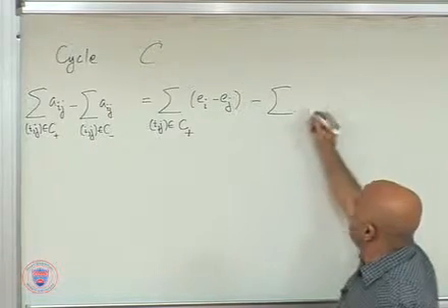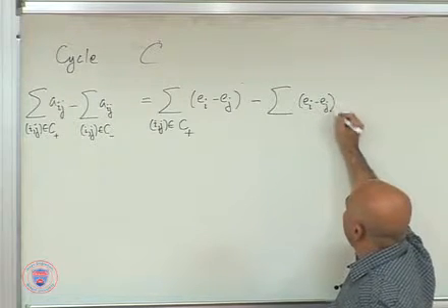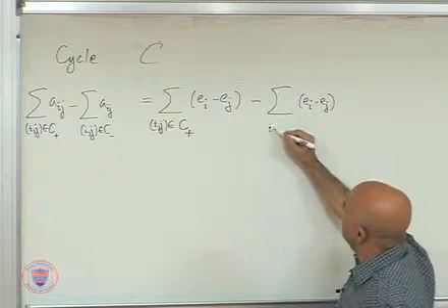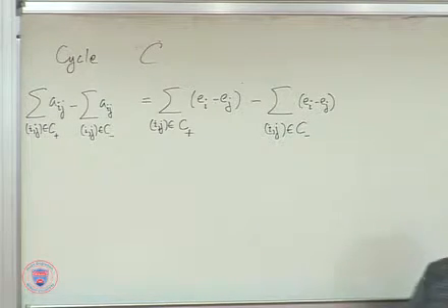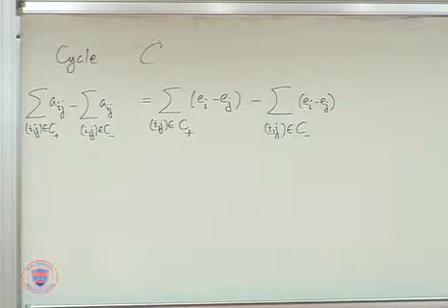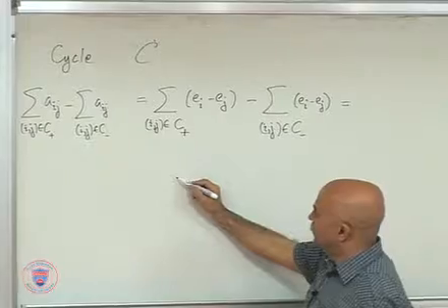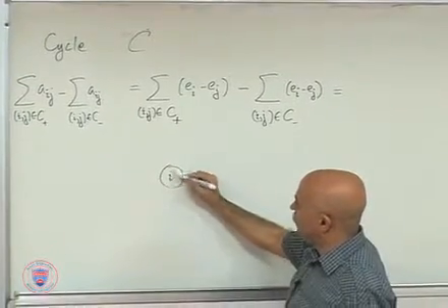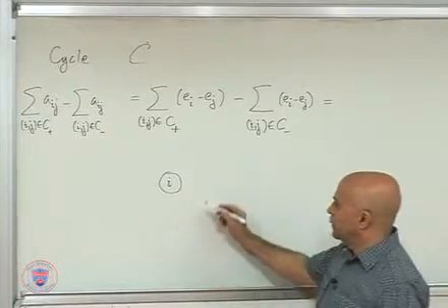And that will give you this for the two portions. And this gives you 0, because if you look at the node i, say, in the cycle, one of three things could happen.